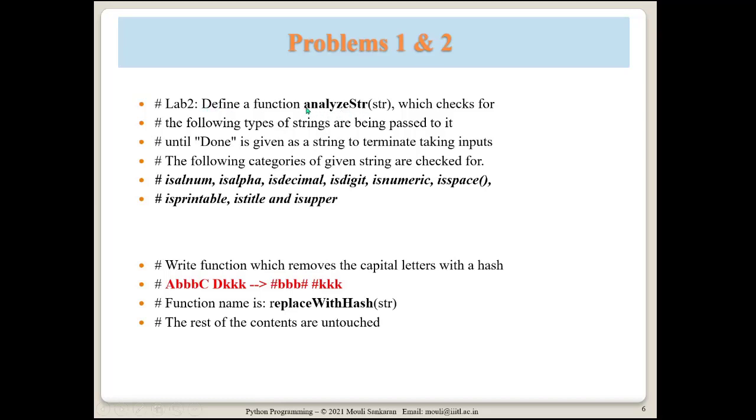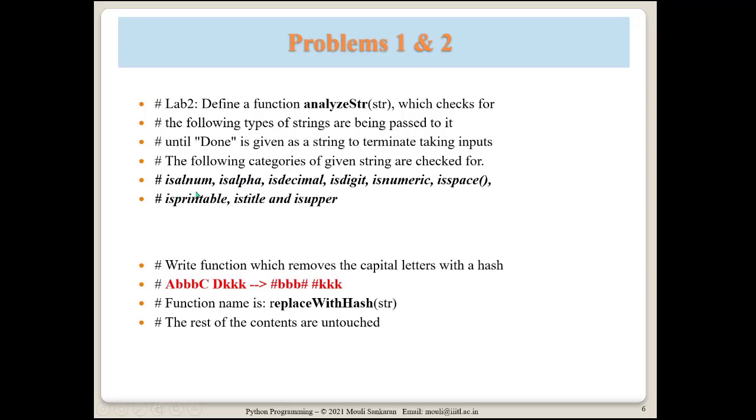You need to define a function which accepts a string, which checks for the following types of strings being passed to it until done. That means until you give a string which is done, it will keep on asking you to give a string, and then whether the string that you are feeding in falls under one of these categories.